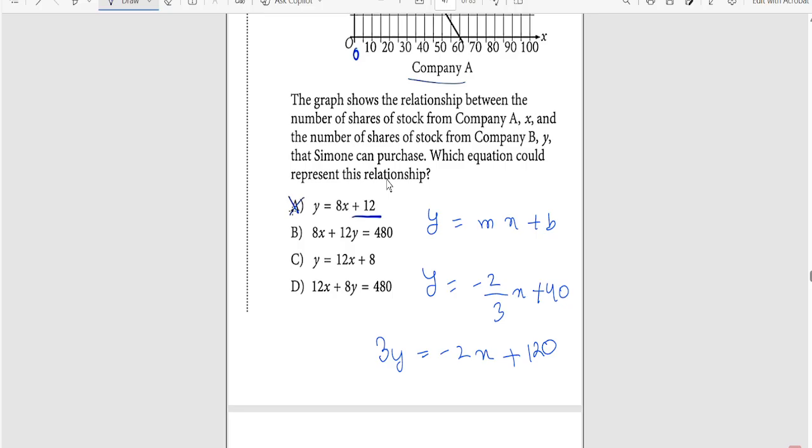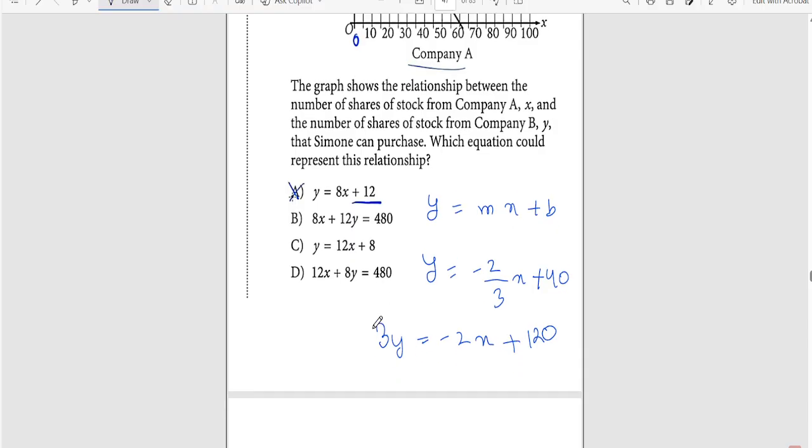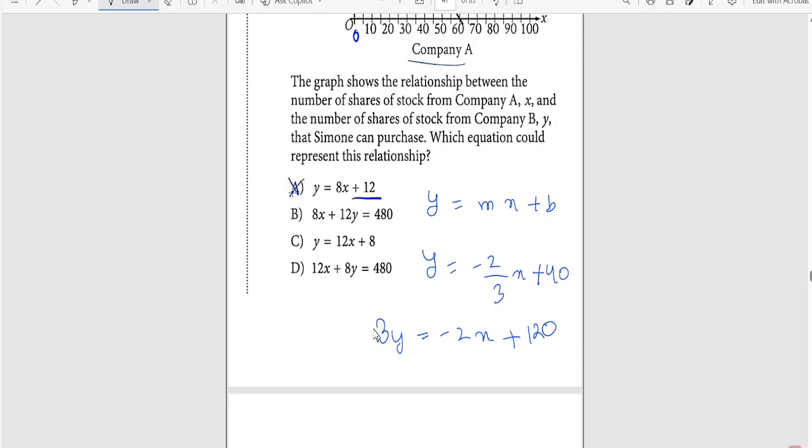So maybe if I multiply it with 4, I think I can get D. Yeah. If I multiply this equation with 4, this will become 12y, this will become negative 8x, and this will become 480.